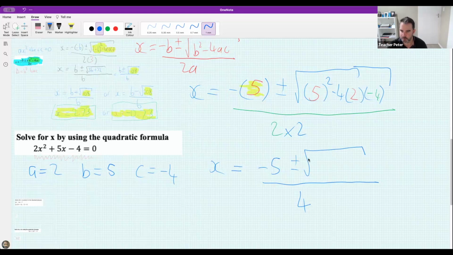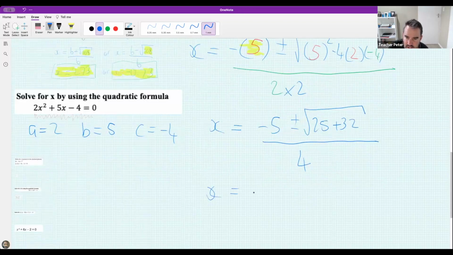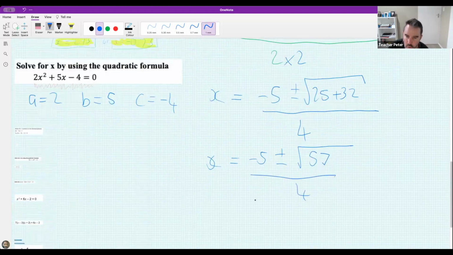Can anybody confirm 57? So I definitely see 25. 4 times 2 is 8. 8 times 4 is 32. So I am with you. Yep. So now we have x is -5 plus minus the square root of 57 over 4.